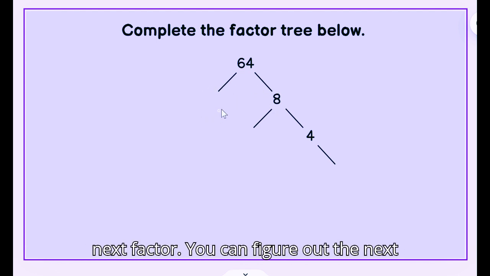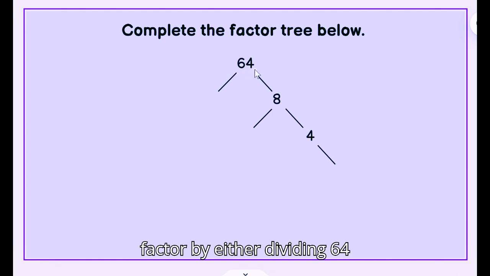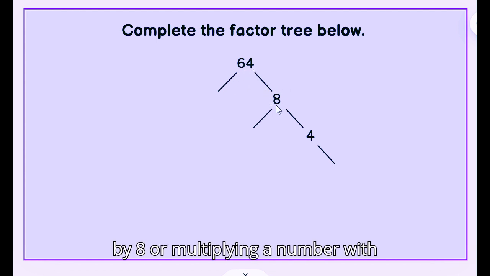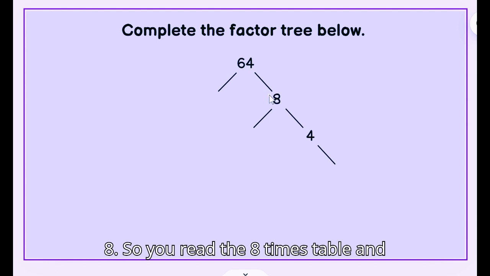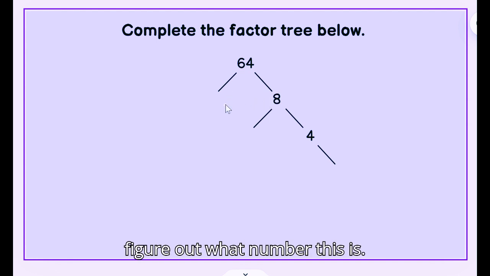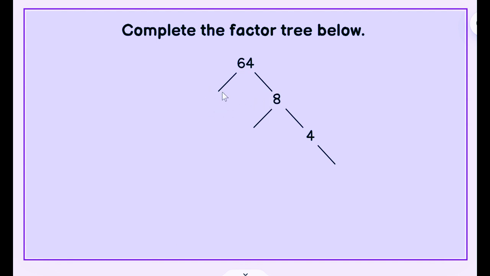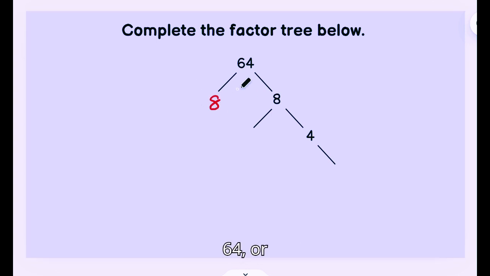We can figure out the next factor by either dividing 64 by 8 or multiplying a number with 8. So you read the 8 times table and figure out what number this is. So 8 times 8 is 64, or 64 divided by 8 is also 8.